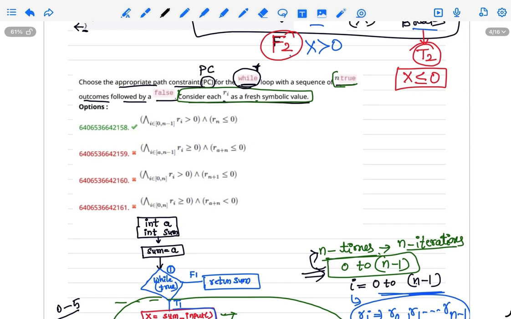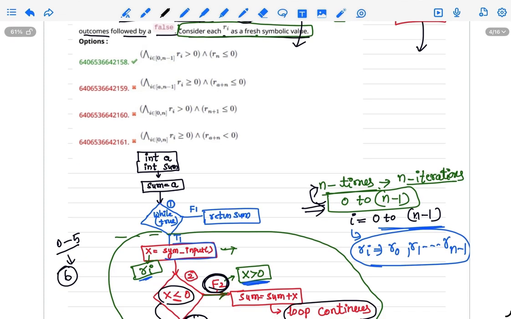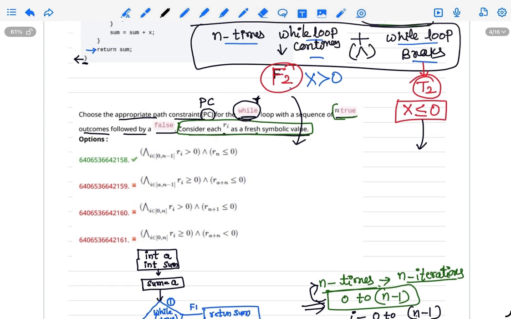Write these conditions in conjunction form. So F2, this one, in conjunction form. So x is ri, right? We mentioned x is ri. So here the symbolic input is ri, in the while loop they mentioned. So x is ri.